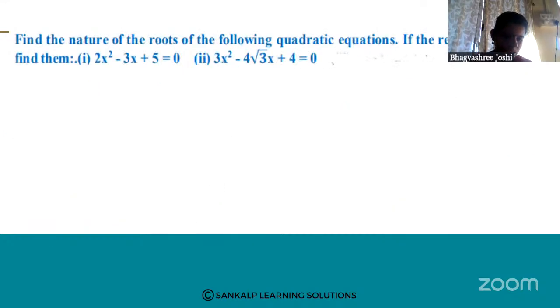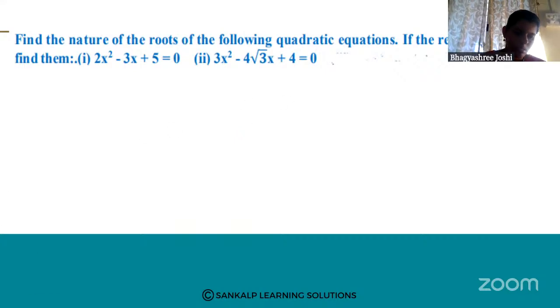find the nature of the roots of the following quadratic equations, and if the real roots exist, find them. Okay. Nature of the roots we need to find out. So the first one is 2x square minus 3x plus 5 is equal to 0.